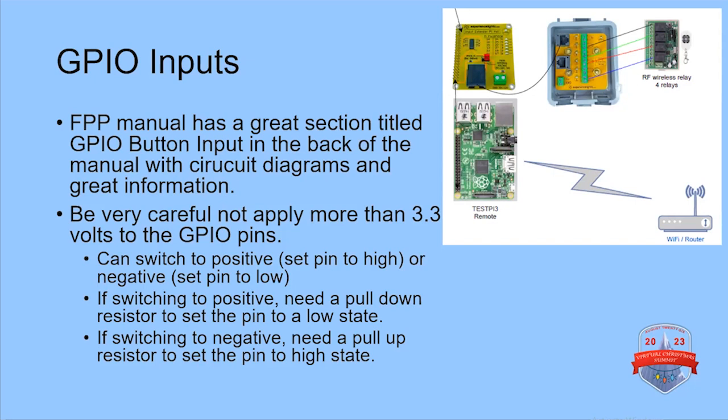If I'm not using a GPIO hat like the Experience Lights input hats, then I prefer to switch to ground, connecting the GPIO to ground. That means you would use a pull up resistor to set the native state of the pin to a high voltage, which in this case is 3.3. Your button would then effectively short to negative, bringing the pin from 3.3 down to 0.